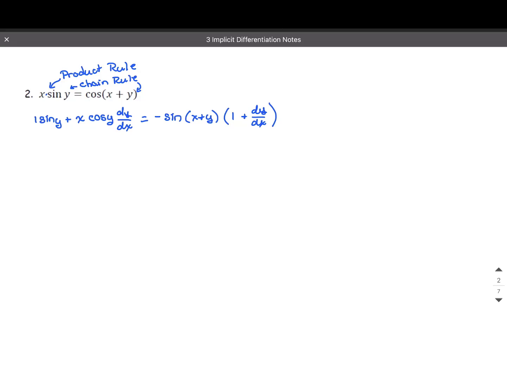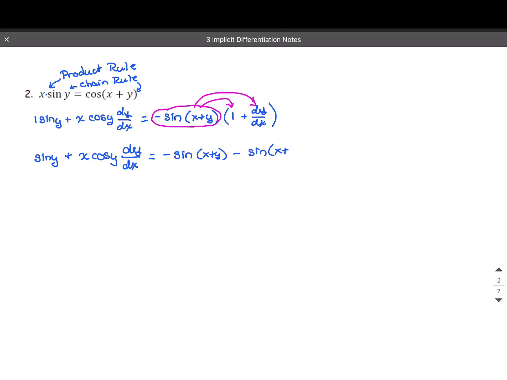Now, in order to solve for dy/dx, we're going to have to distribute so that we can get it written with the dy/dx. So we really have sine y plus x cosine y dy/dx equals negative sine of x plus y minus the sine of x plus y dy/dx.